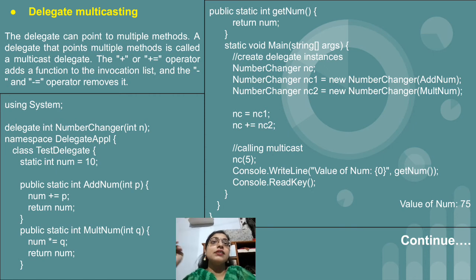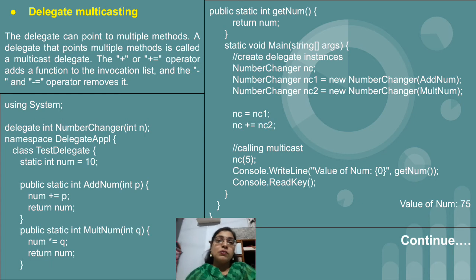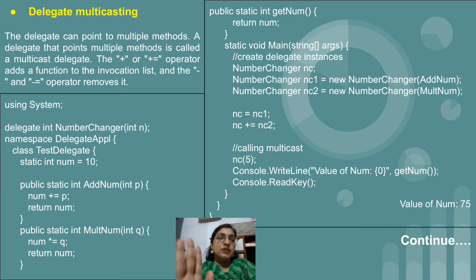So just see that we have created add num, which is having int as a return type, and the delegate which we have created, number changer, is again having int as a return type, and it is a parameterized delegate. So the method add num again contains a single parameter. So now the signature matches. By writing public static int add num, in round brackets int p, this is the first method of the delegate, and within that we have written code like num plus equal to p, that is num equal to num plus p.